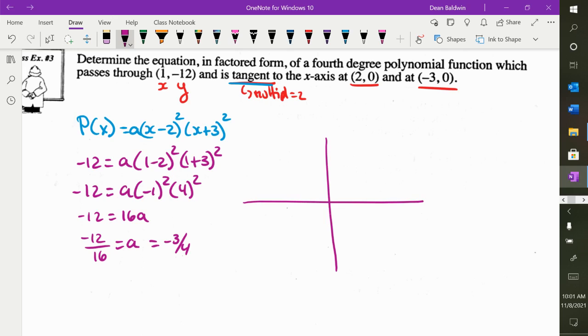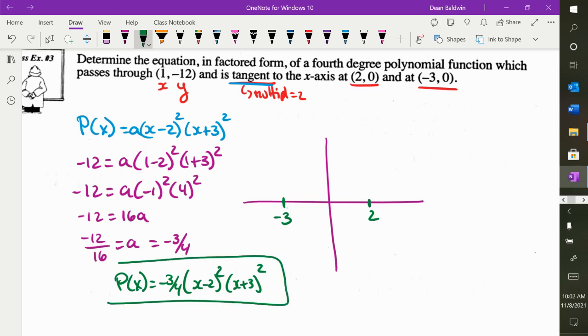So we're going to sketch this, even though they didn't ask us, we're going to do it anyway. So 2, negative 3. The equation of the graph is negative 3/4 x minus 2 squared x plus 3 squared.